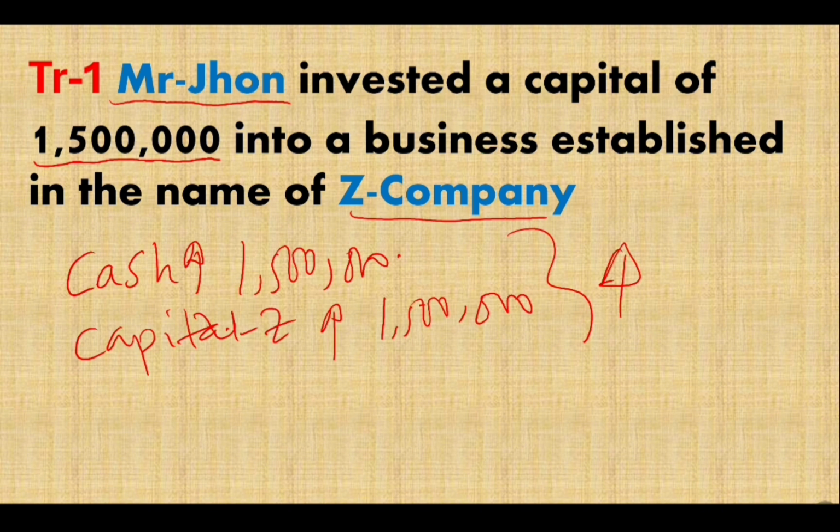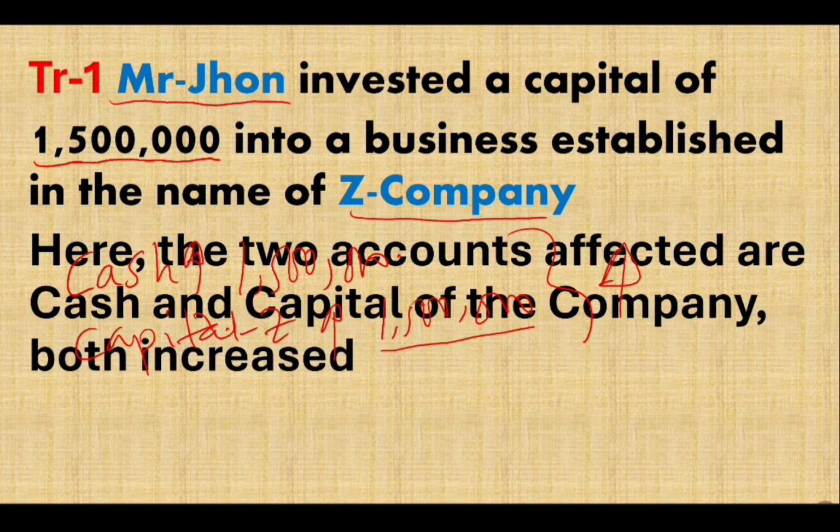In any type of transaction, there should be at least two accounts that are going to be affected. In this case, cash and Z capital, or the capital of Z company, is affected since Mr. John invested a cash of 1,500,000. So cash of Z company increased by this amount. Also, since this is initial investment, the capital of Z company is increased by 1,500,000.